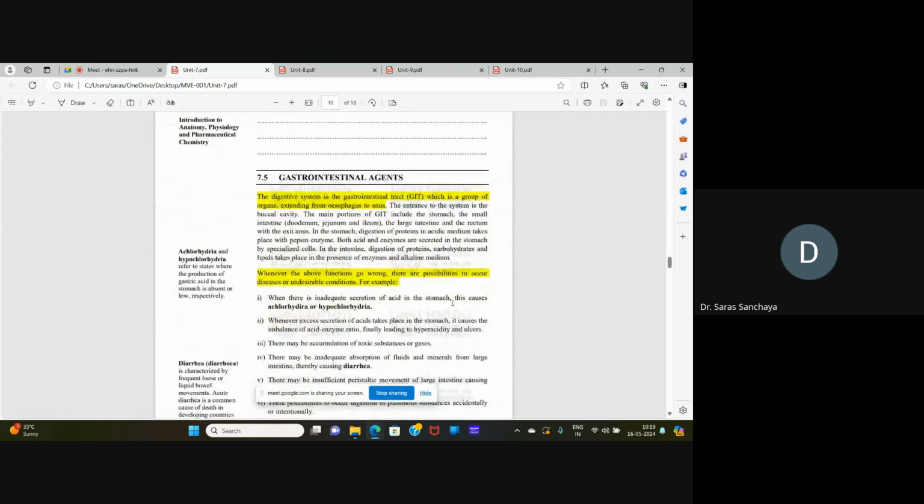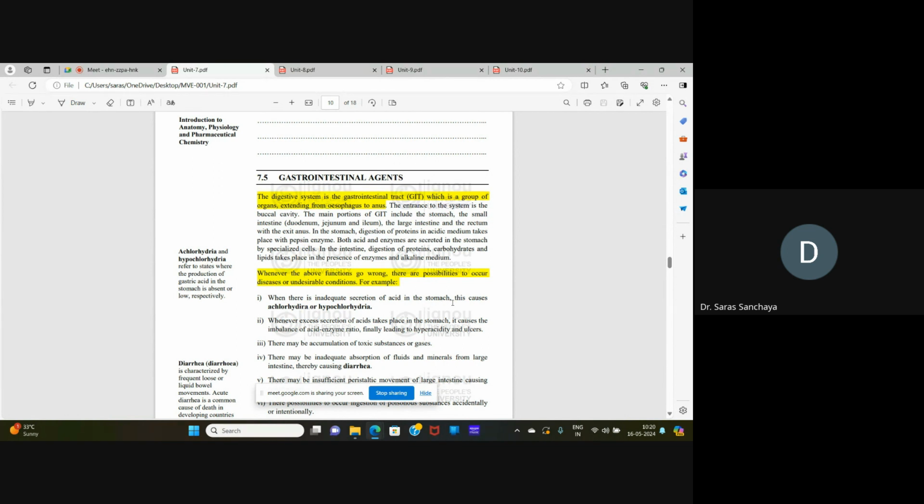Now, gastrointestinal agents. The digestive system in the gastrointestinal tract is a group of organs extending from the esophagus to the anus. Whenever the above functions go wrong, there are possibilities for disease or undesirable conditions to occur.